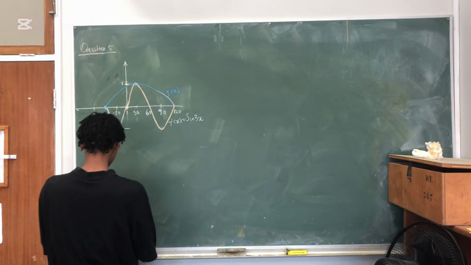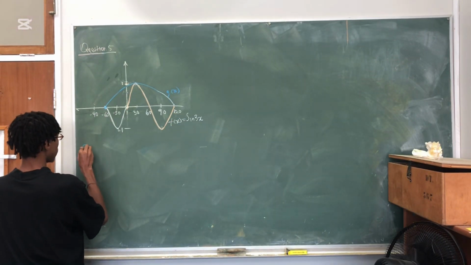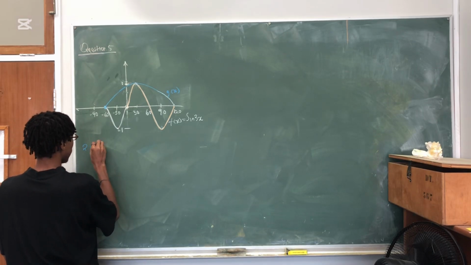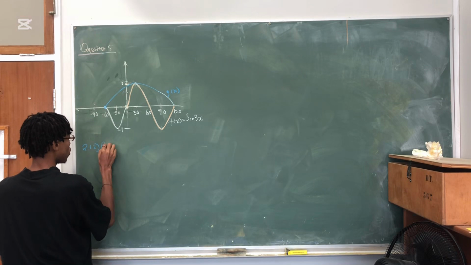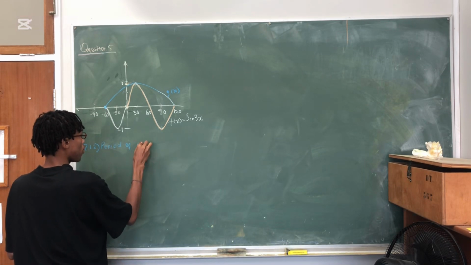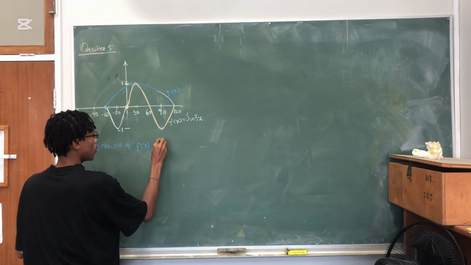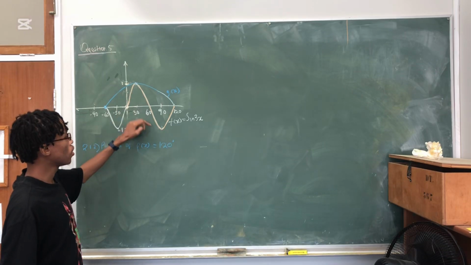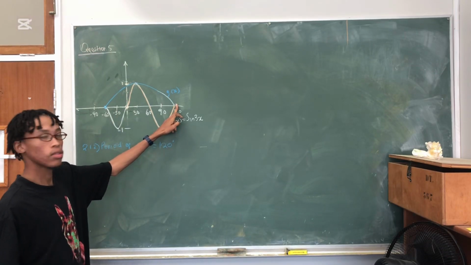Therefore, the period of f of x is equal to 120 degrees. It takes it 120 degrees to complete a full cycle.